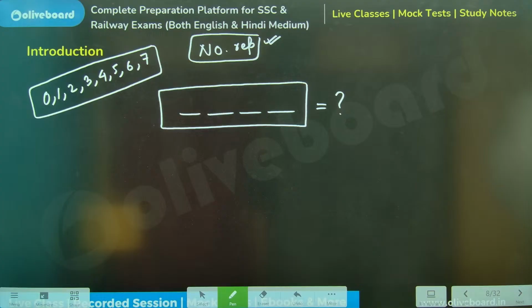Again, 30, 40 seconds I'll give you guys to think. How many 4-digit numbers can we make, sir? Any idea here? Any idea whatsoever?